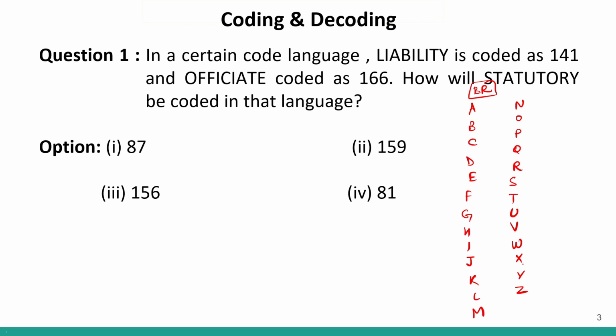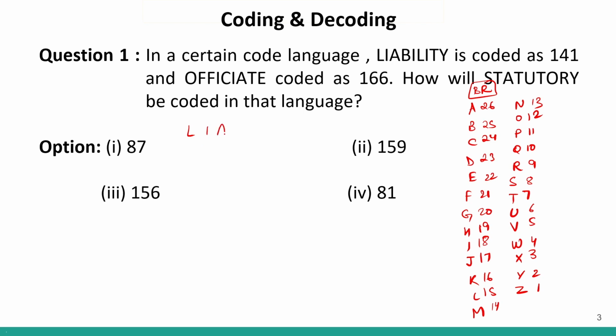From A we are going in a decreasing manner. So 1, 2, 3, 4, 5, 6, 7, 8, 9, 10, 11, 12, 13, then 14, 15, 16, 17, 18, 19, 20, 21, 22, 23, 24, 25 and 26. These are your backward ranks.